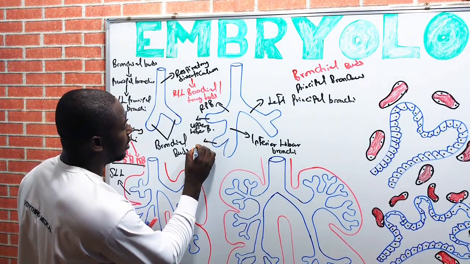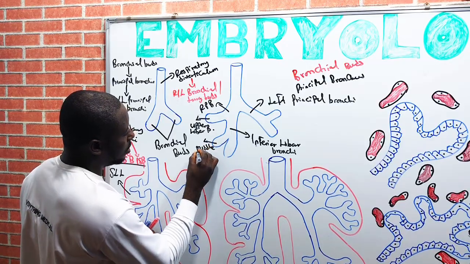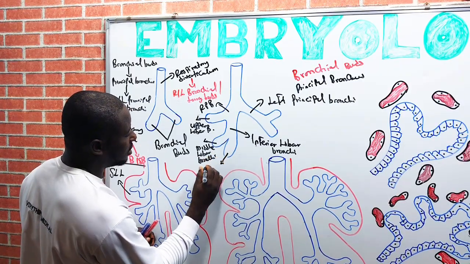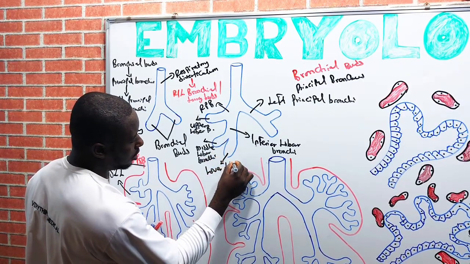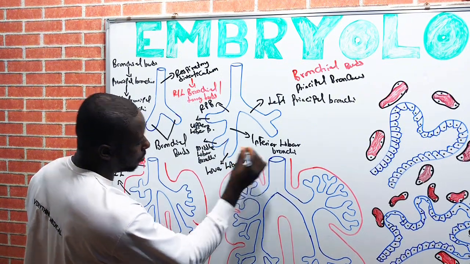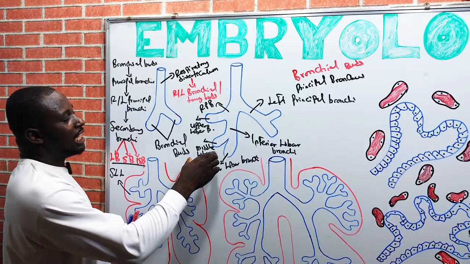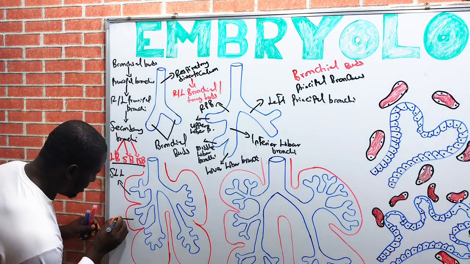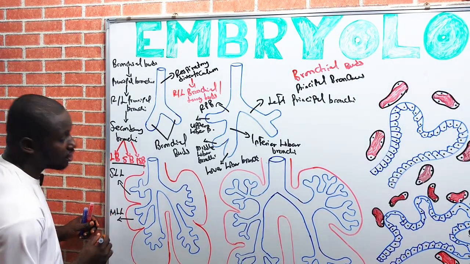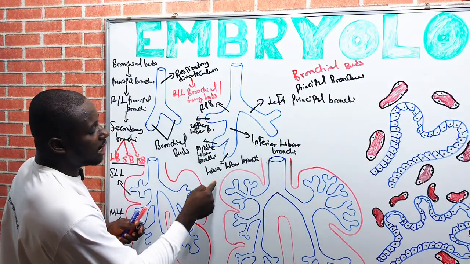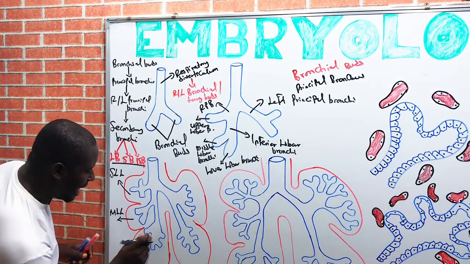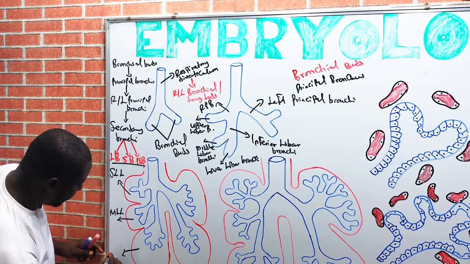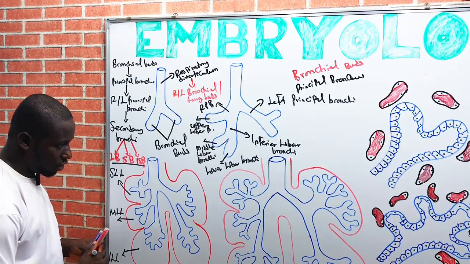The middle lobar bronchi supply the middle lobe of the lungs, which is here, while the lower lobar bronchi supply the inferior lobe of the lungs.